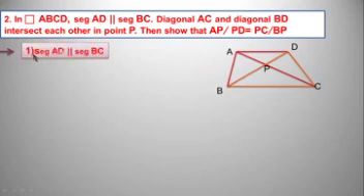Solution. Here in the figure, segment AD is parallel to segment BC. Statement number 1, segment AD is parallel to segment BC because that is given.